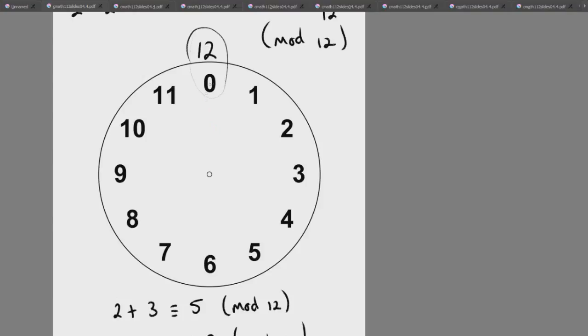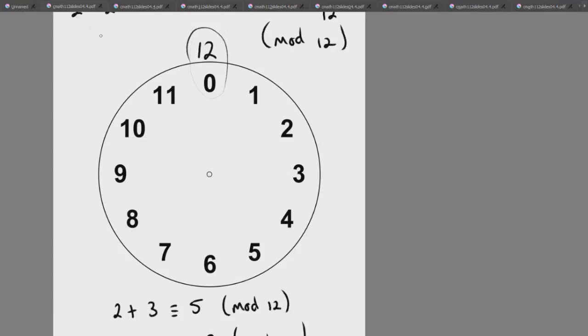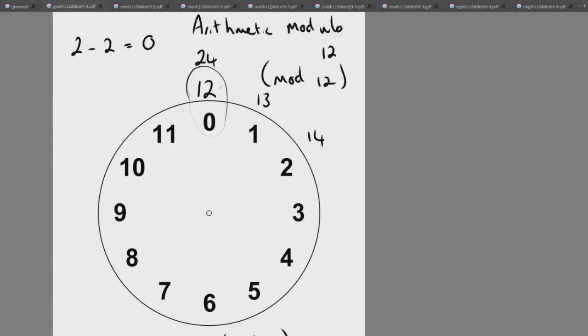Because in reality, if you want to lay your number line on this circle, 11, and then the next one's going to be 12 and 13 and 14 and so on. You're going to come around again, and that's going to be a 24.